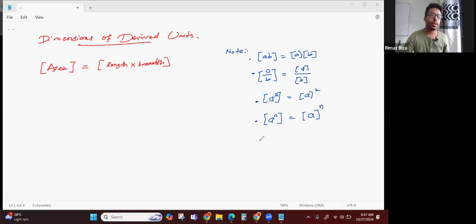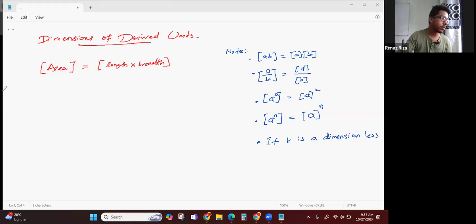Okay. And then the last point, if K is a dimensionless quantity, dimensionless, that means no dimensions.